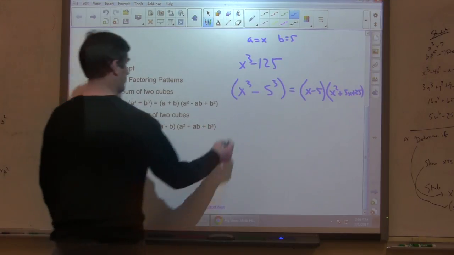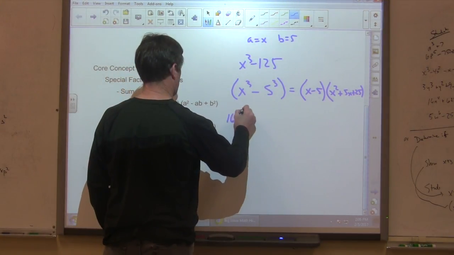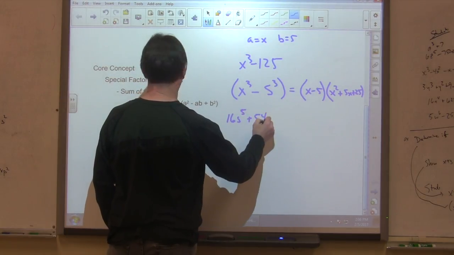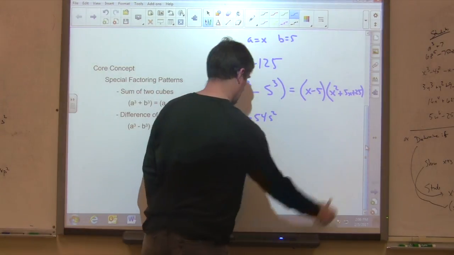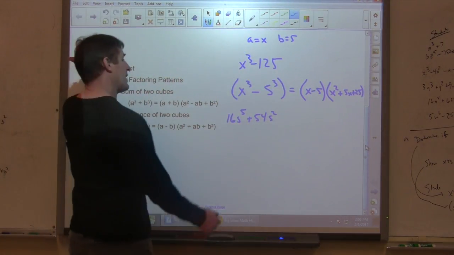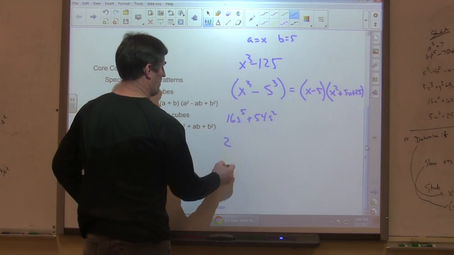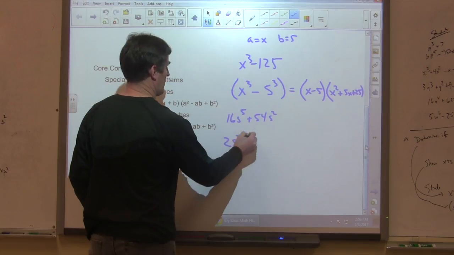Another one, 16s to the 5th plus 54s to the 2nd. So, just like before, the first thing we always want to check for is that greatest common factor. In this case, 2 goes into both, and I have 5 s's and 2 s's, so I can pull out 2 s's.